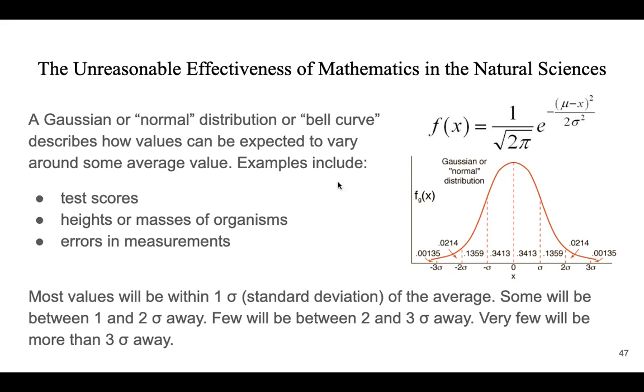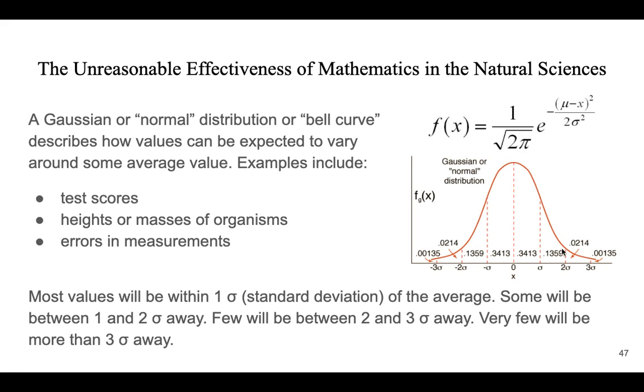If you were doing, for example, test scores, like the SATs, there would be some average test score, like here, and then a predictable number of people who did a little bit better, within one standard deviation this way. There would be about the same number of people who did a little bit worse, within this one standard deviation here. And then a smaller number of people would do a lot better.